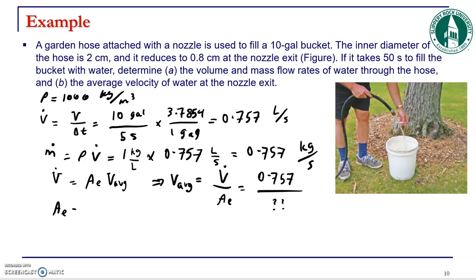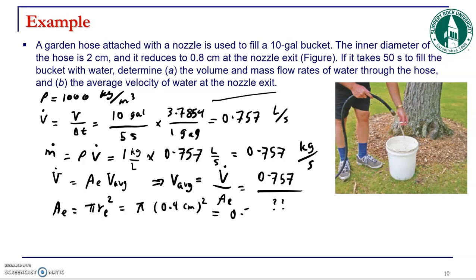So the cross-sectional area, since we're considering at the nozzle exit, right? That's what we want to calculate, right? The cross-sectional area is equal to pi r squared. So pi multiplied by, it's 0.8 centimeter in diameter, right? And therefore this is 0.4 centimeter in radius, and 0.4 squared is multiplied by pi.